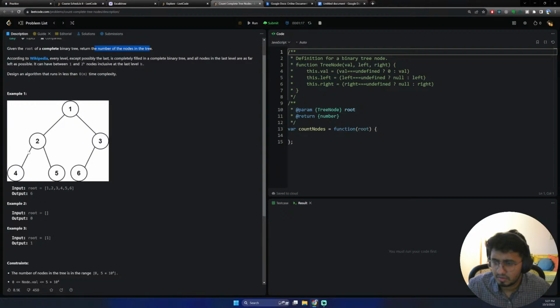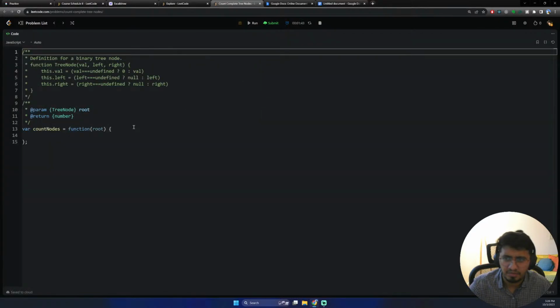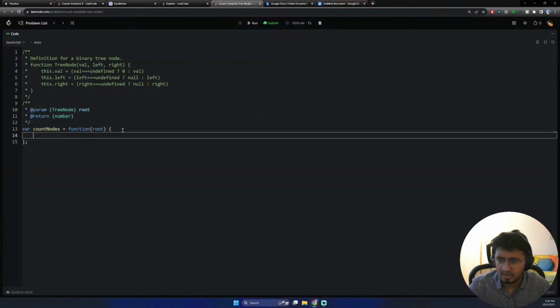So if we have to return just the number of nodes, then we can either use BFS or DFS. Yeah, or just a DFS. So it's pretty simple in that sense.